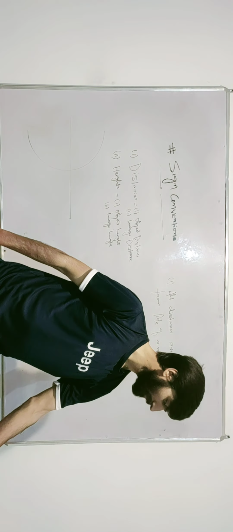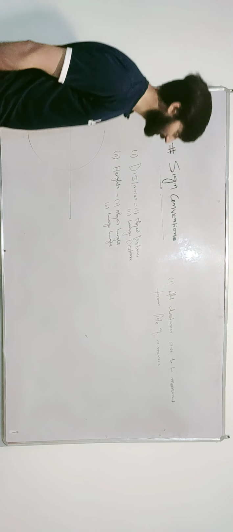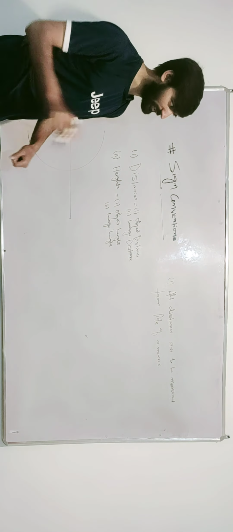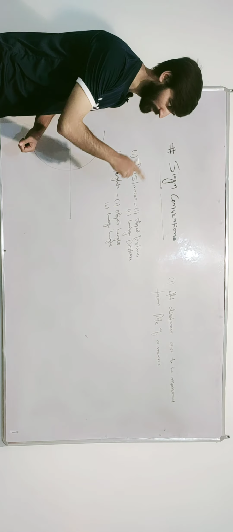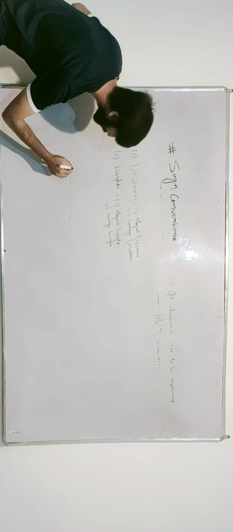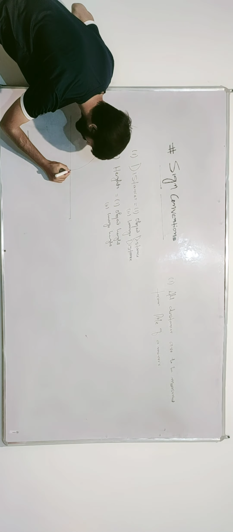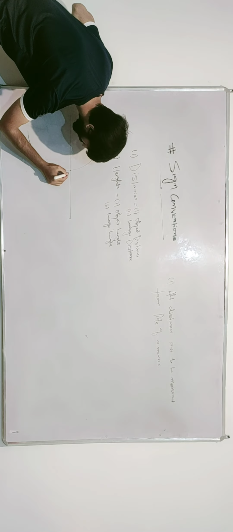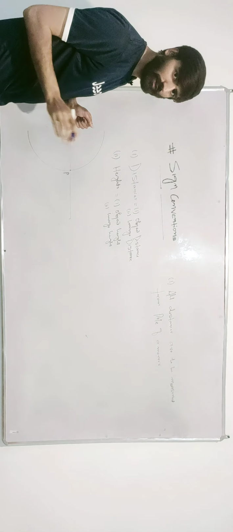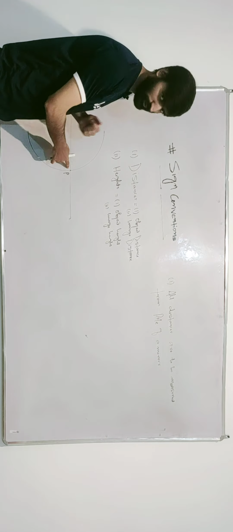Now let us try to understand convention number 1. It says all distances are to be measured from the pole of a mirror. Here it is the pole of a mirror. This point is called the pole, and all the distances will be measured from this point. So this is taken as a reference point.